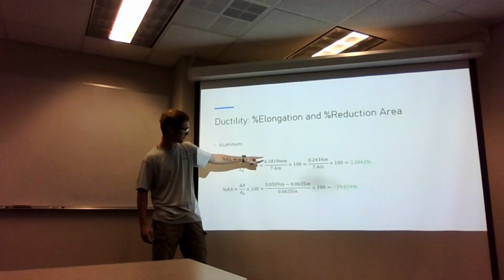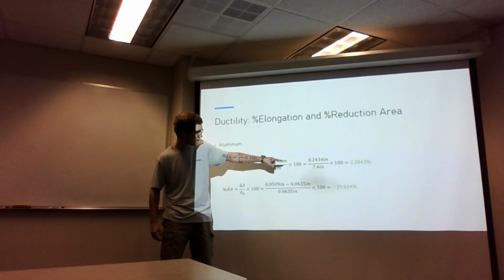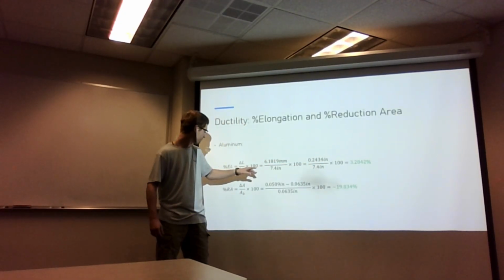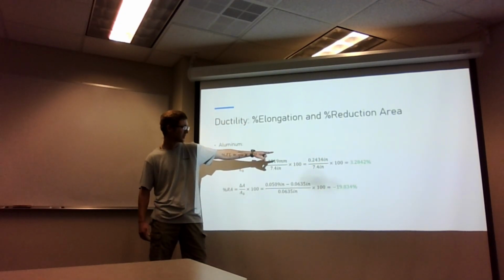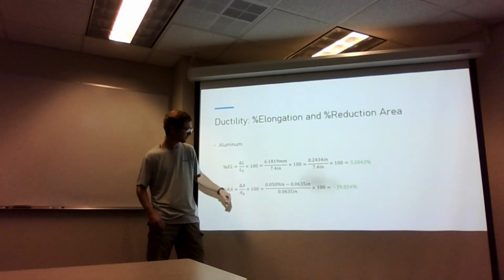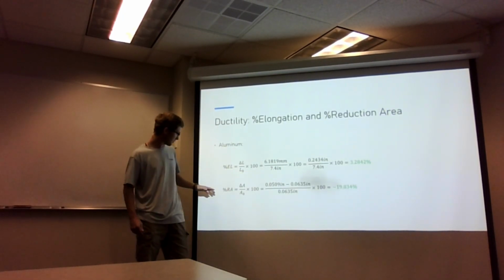So we converted the millimeters to inches, and then did the division and multiplied it by 100 to get a percent elongation of 3.2842%.